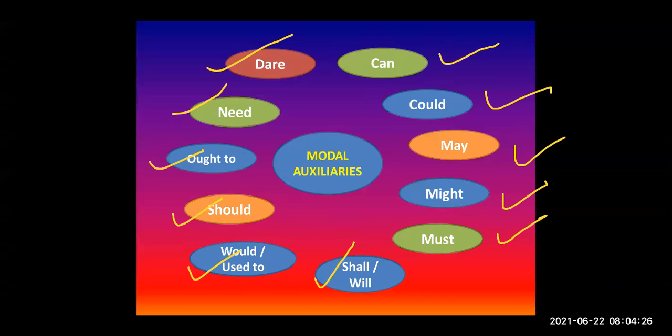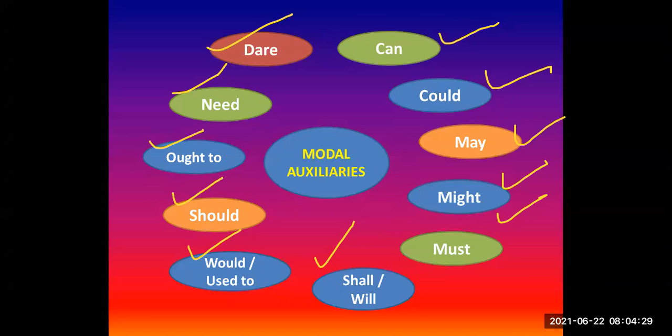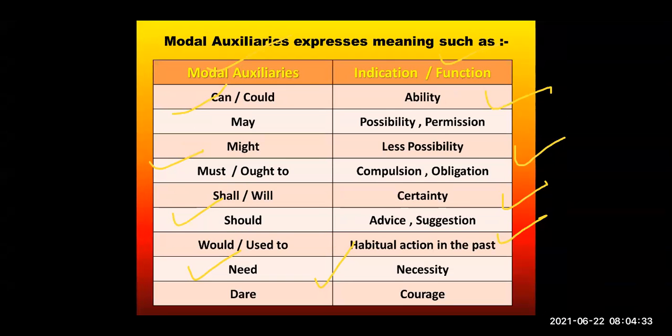Before that, we are going to see one table. Modal auxiliaries express meaning. The first part is the modal auxiliary, and the second part is the indication or function or attitude.